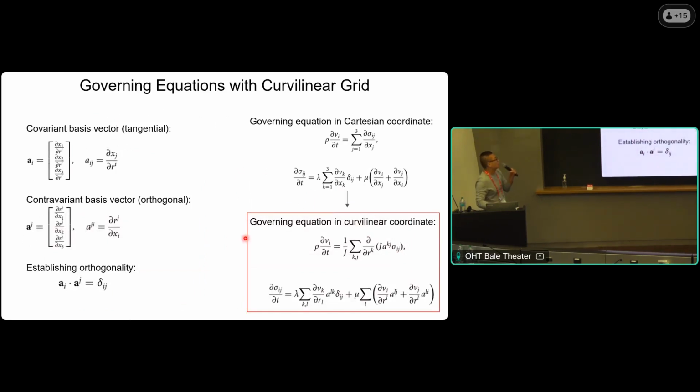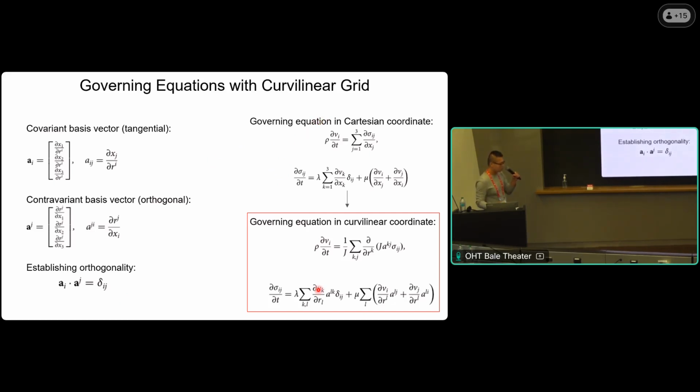We have the covariant basis vector that's tangential to the curvilinear grid line, and we also have a contravariant basis vector that's orthogonal to the covariant basis vector, and we are establishing orthogonality here. So we define these basis vectors locally, and like I said, that will allow us to transform the Cartesian coordinate form to the curvilinear form.